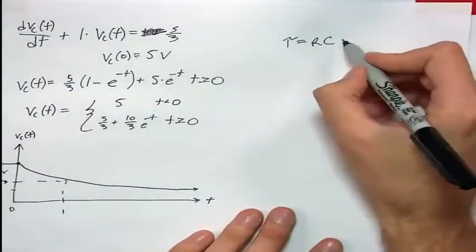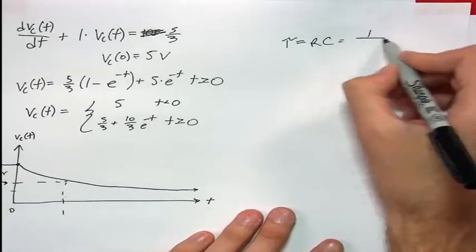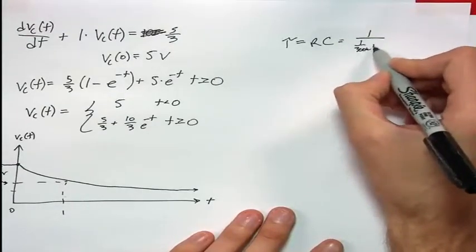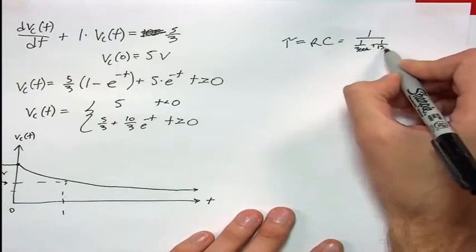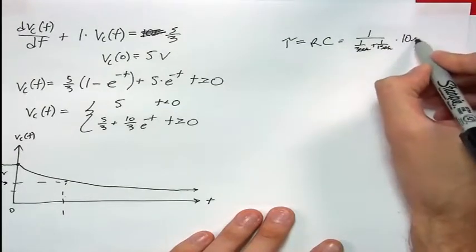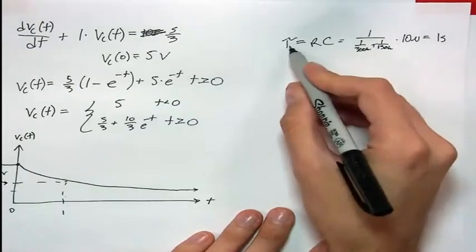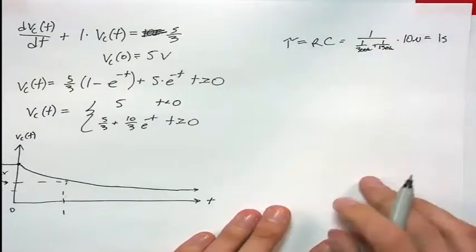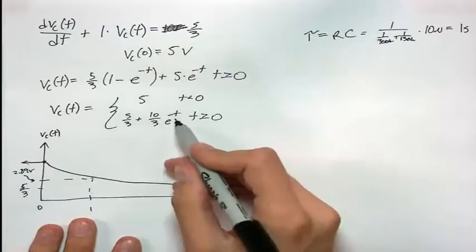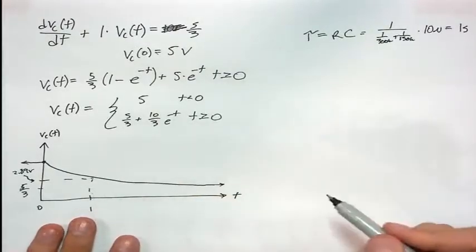So when you combine those two parallel resistors, 1 over 300K plus 1 over 150K, and multiply by our 10 microfarad capacitor, you get a time constant of 1 second. And that's exactly what shows up in our differential equation here.